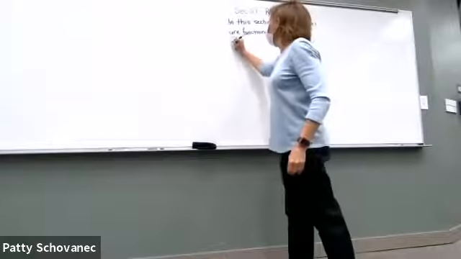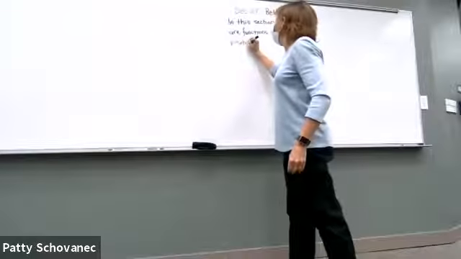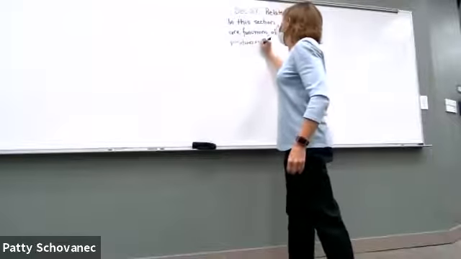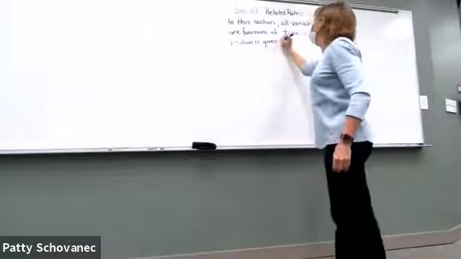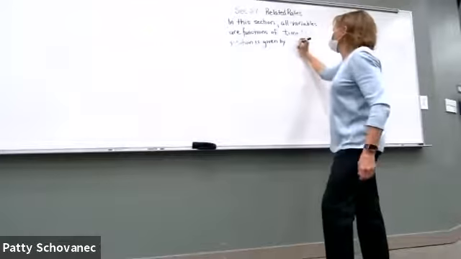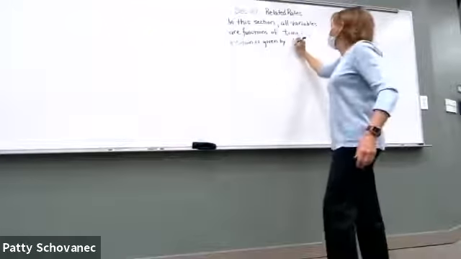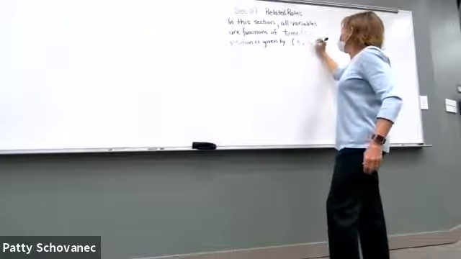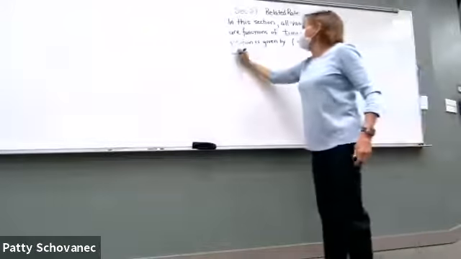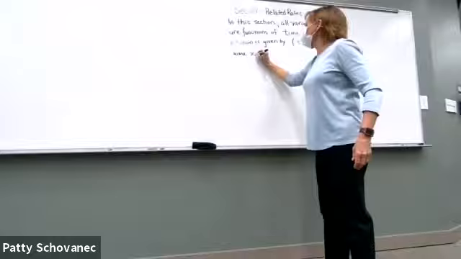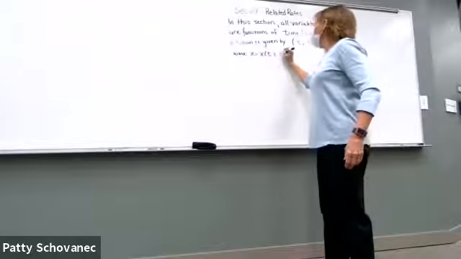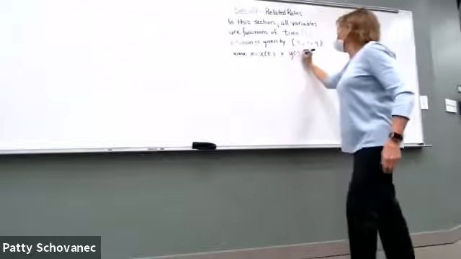So position is given by essentially an ordered triple if we're in 2 dimensions, time, x, and y, where x is a function of time and y is a function of time.